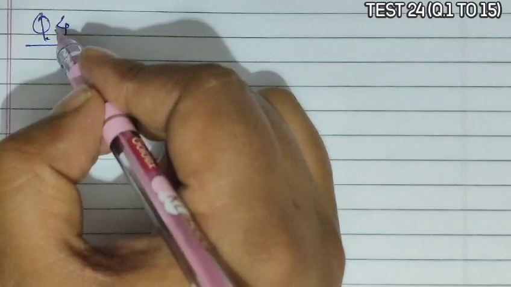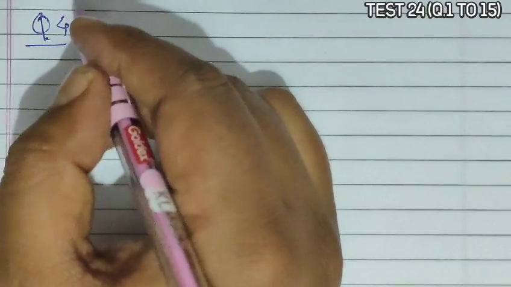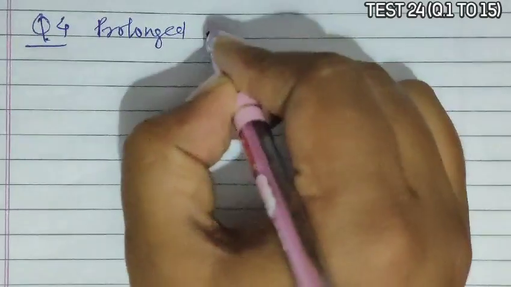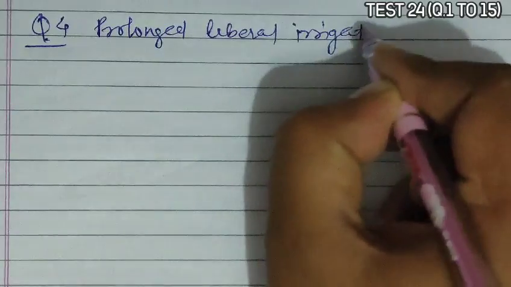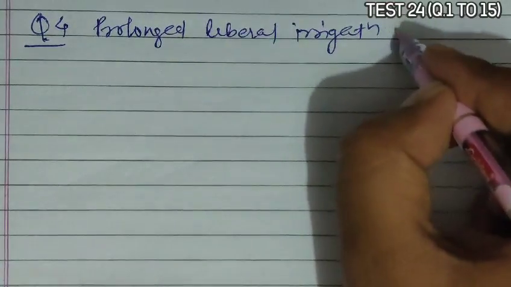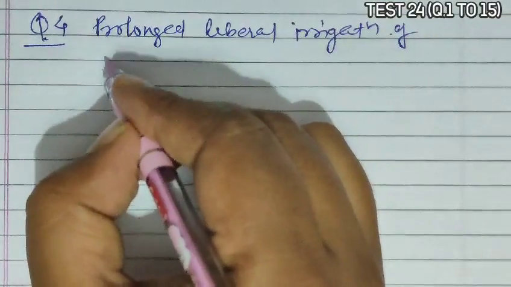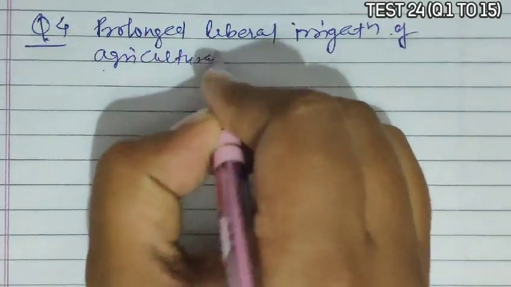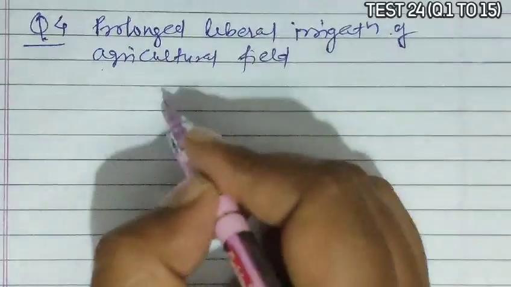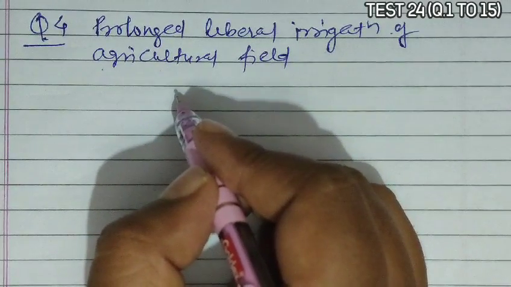Next is question 4. Question 4 asks that prolonged liberal irrigation of agricultural field is likely to create the problem of.